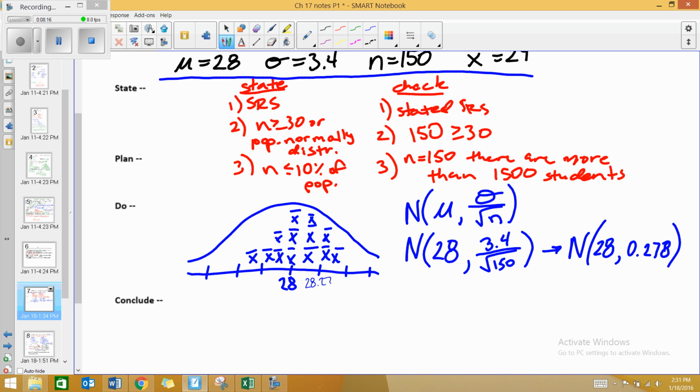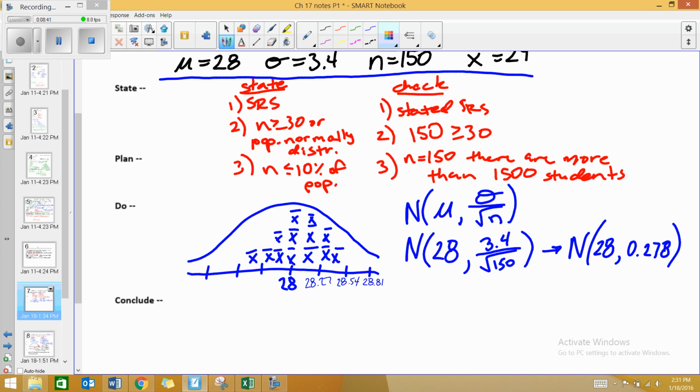Okay. Another standard deviation of 0.27, that's going to give us 28.54. Okay, plus another standard deviation of 0.27, that's going to give us 28.81.